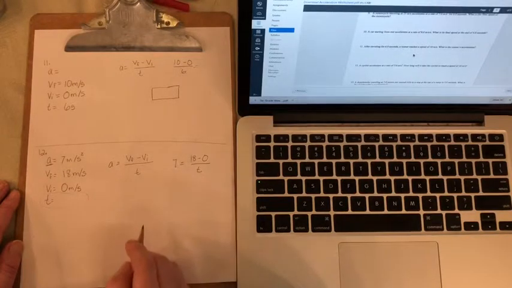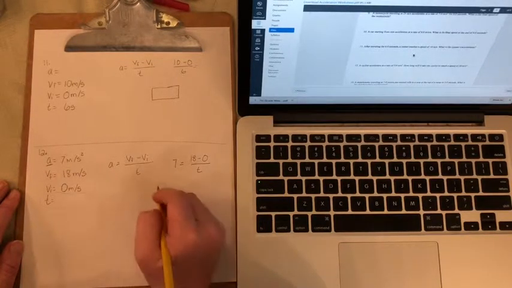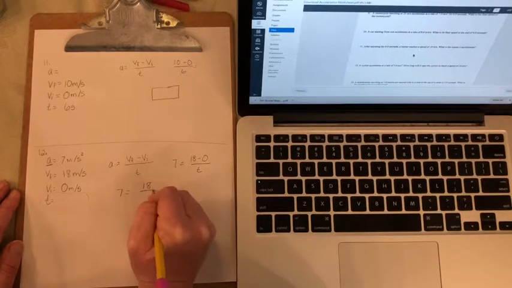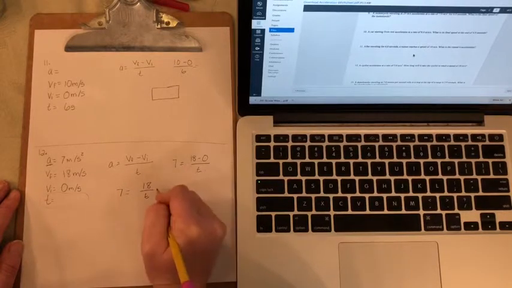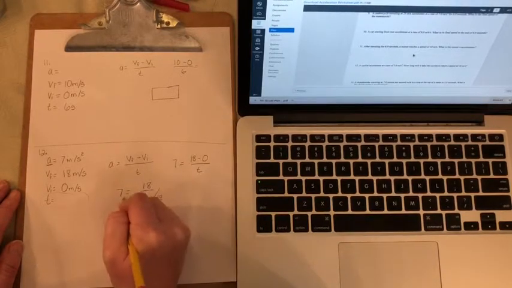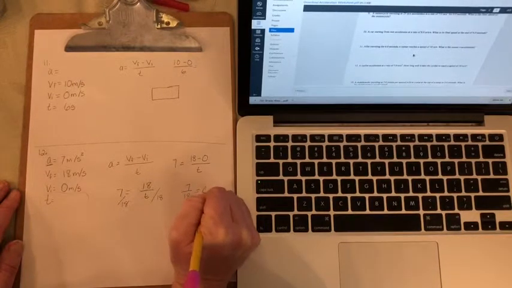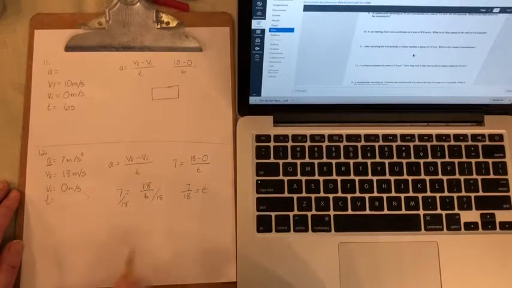You're going to have to do some division, but you can do basically 7 equals 18 over t. You can divide this by 18 and divide this by 18. So you're essentially going to have 7 divided by 18 equals the time. And then you're going to put that time back here, and that will be your answer.